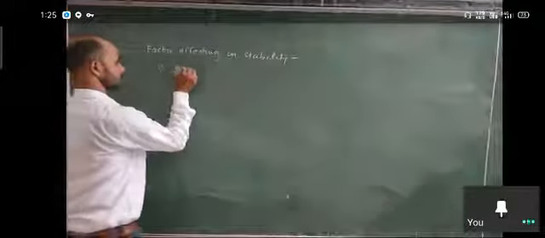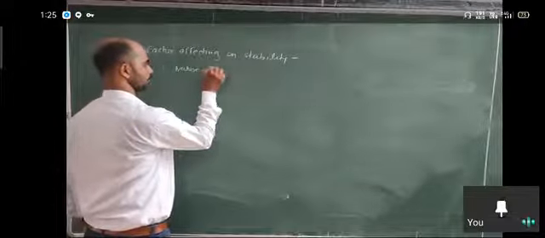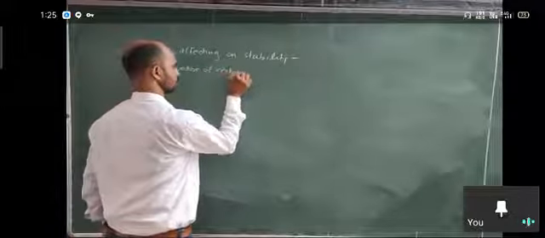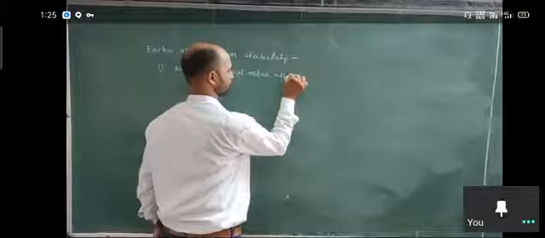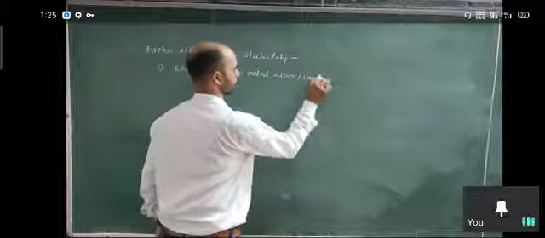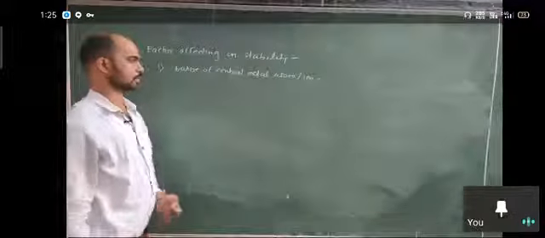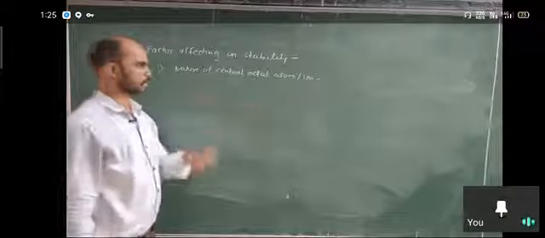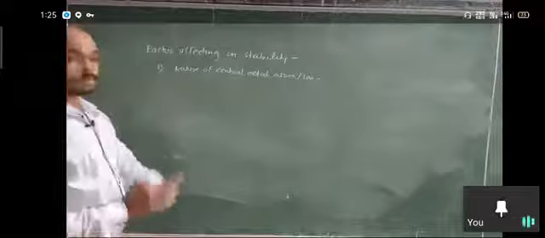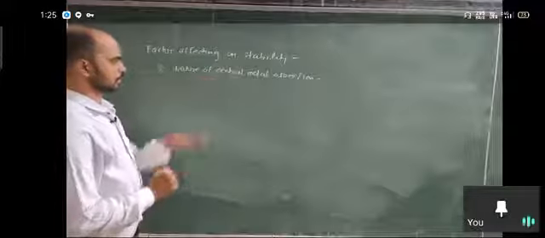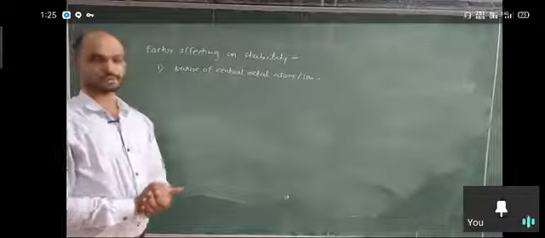The first factor is nature of central metal atom or ion, because in a complex there are 2 participants. One is metal, another is ligand. So nature of metal, nature of ligand, and another, the third one, the case is different, but these 2 will decide the stability of the complex.